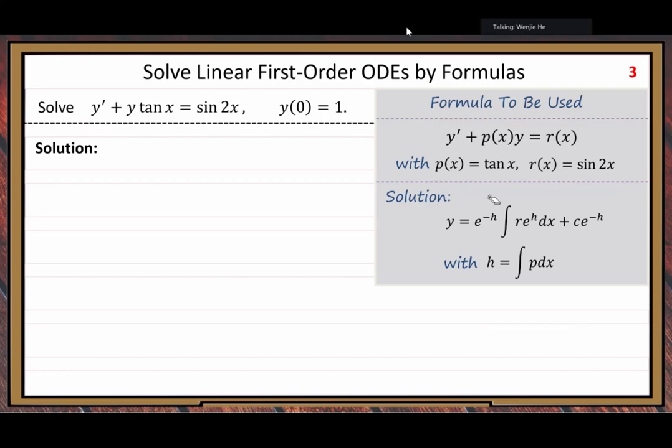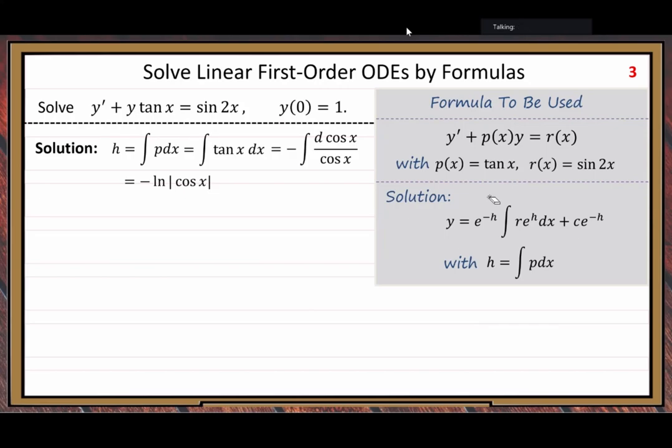In calculation, we calculate h first, then apply this formula. But there are some places we need to be careful. First, the h function, the integral, is not too hard. But when you do the integral, there is an absolute value.